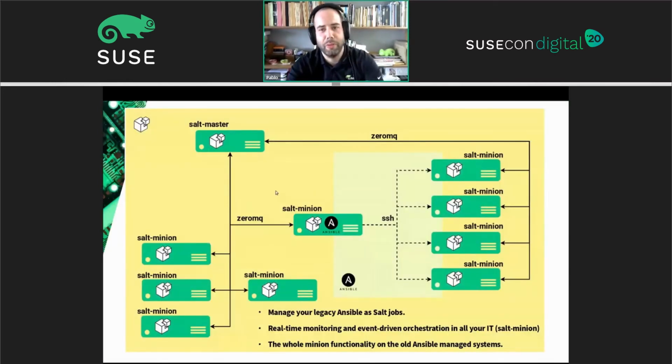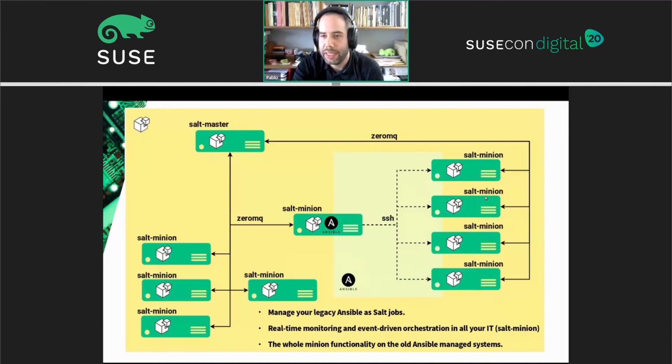Then let's go to the more complex scenario. We keep and allow the customer to reuse all the previous Ansible playbooks to keep managing this part of the infrastructure, but we also deploy the Salt minions on those previously only Ansible-managed systems. That will give us the whole functionality, which means that apart from having this Ansible part here, we now enable real-time monitoring and event-driven orchestration because we have beacons here.